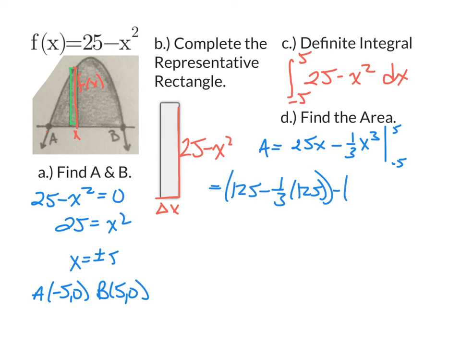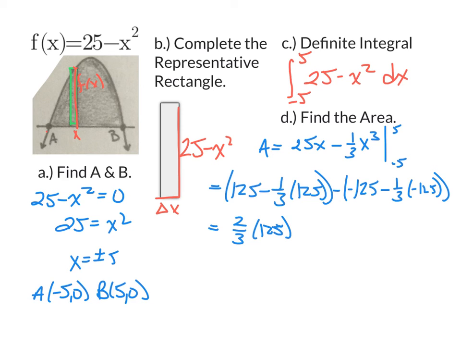So 25 times negative 5 is negative 125, minus 1/3 times negative 125. Well, 125 minus 1/3 of 125 is 2/3 of 125.